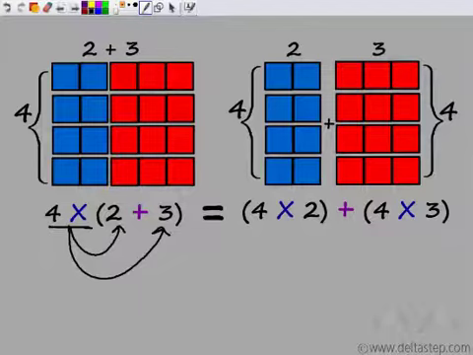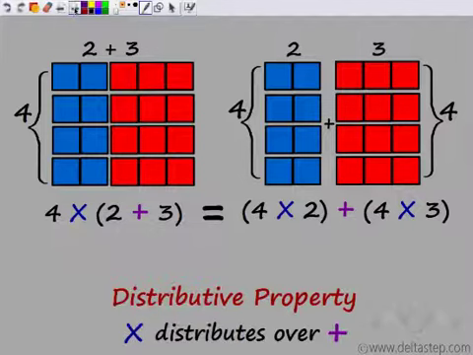This multiplication sign is being distributed over the addition sign. You get 4 into 2 plus 4 into 3. So you see that multiplication distributes over addition. 4 into (2 plus 3) is giving me 4 into 2 plus 4 into 3.